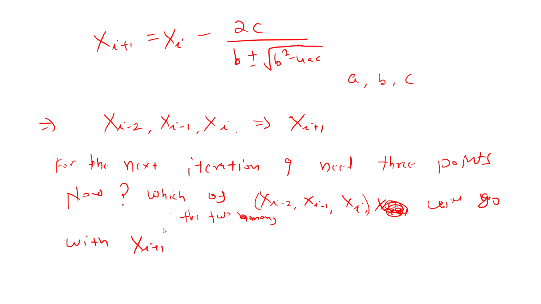So for the next iteration xi plus 1 will be there, but which of these xi minus 1, xi minus 2 and xi will go with xi plus 1 for the next iteration? So the idea is that I am giving you two statements.